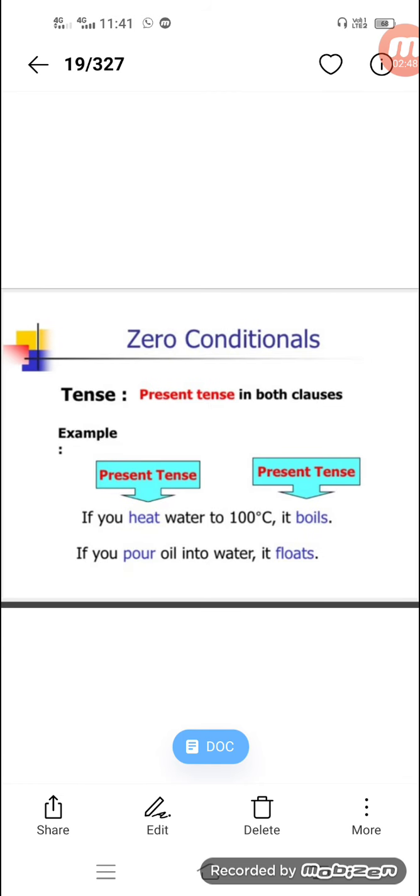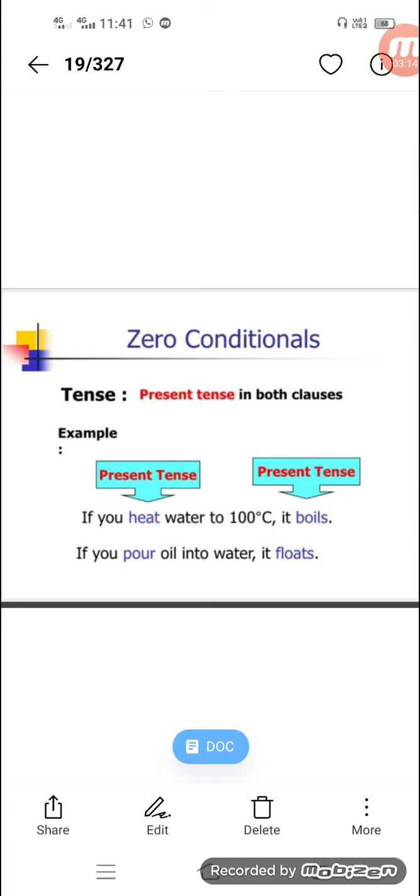First one is zero conditionals. Here the tense of this zero conditional is present tense in both the clauses. We can see simple present tense in both the clauses. Here first clause is if clause. If you heat water to 100 Celsius, it boils.